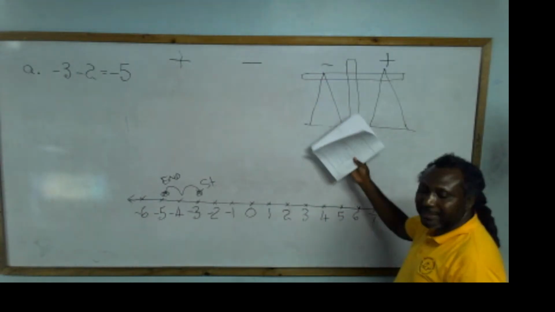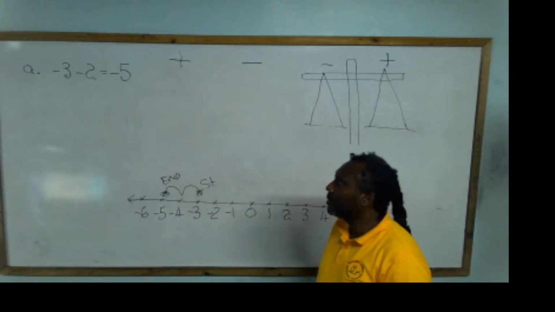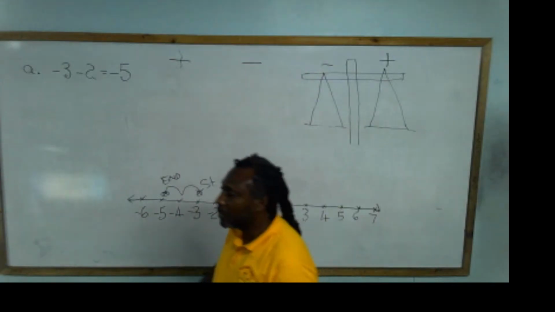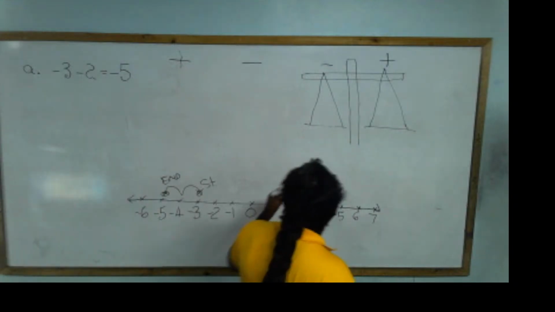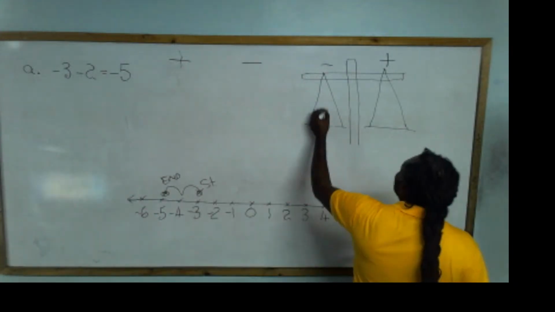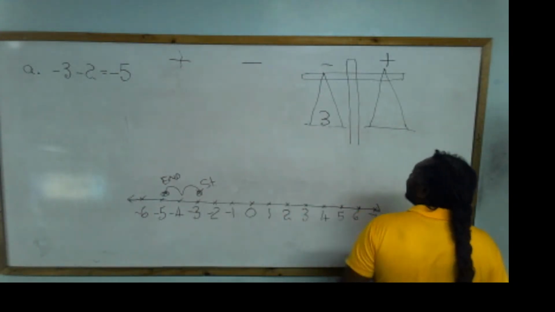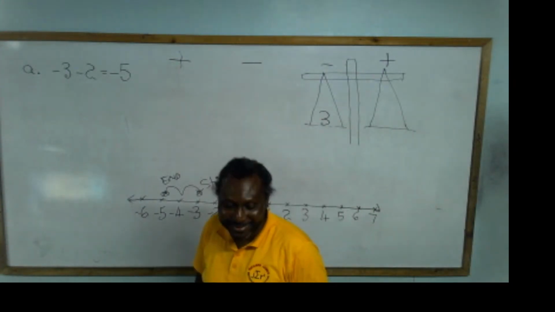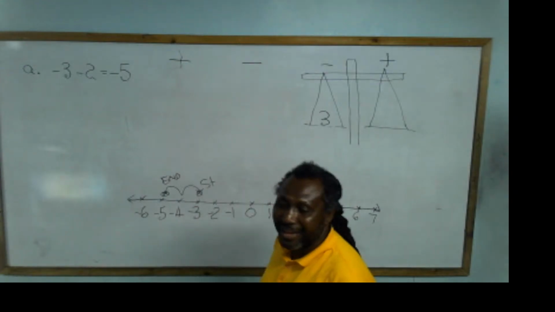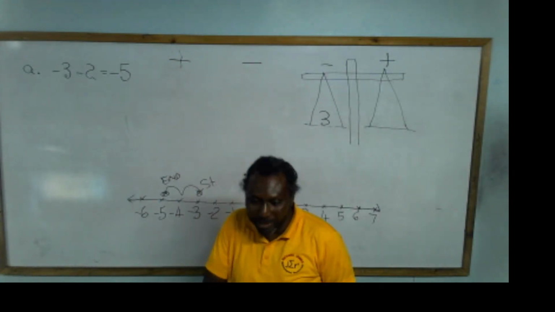What about the schematic diagram? We place a negative 3, so we put 3 on the negative side. Where do we put 2?